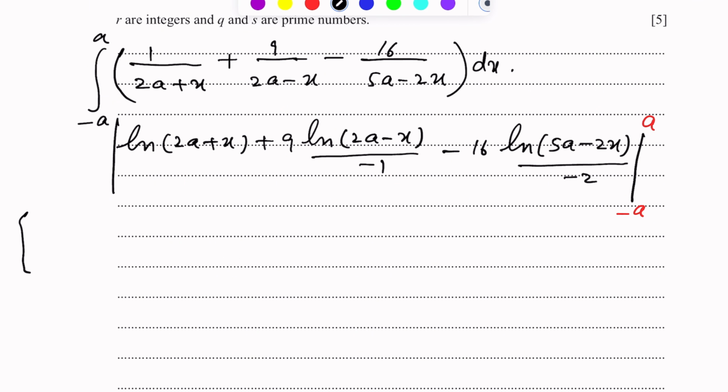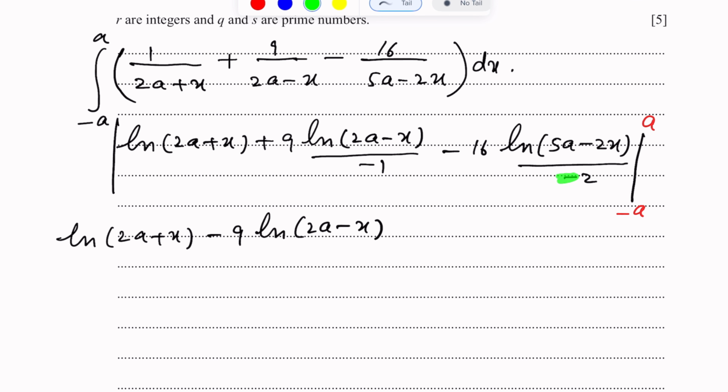This becomes log(2a + a). We will adjust this minus sign here. First we simplify it: log(2a + x), this minus sign gets adjusted, so it becomes -9 log(2a - x). Minus and minus become plus, and 16 cancelled with -2 gives 8, so we write here 8 log(5a - 2x).